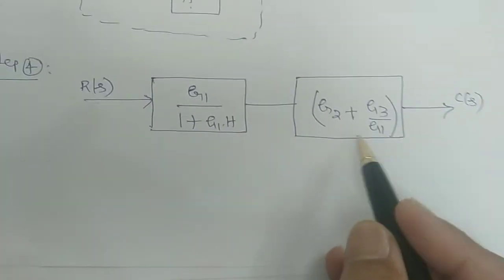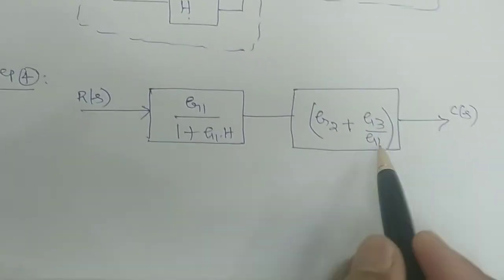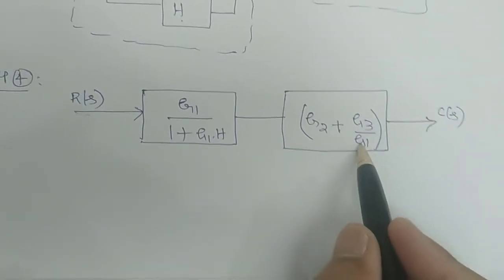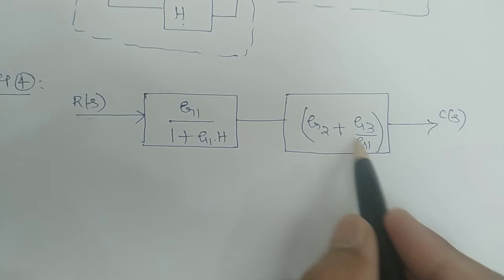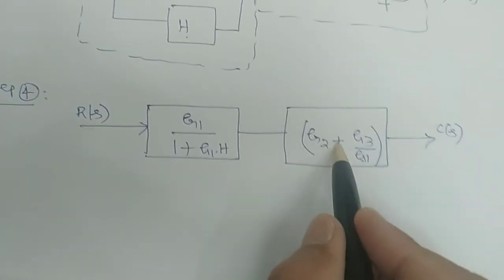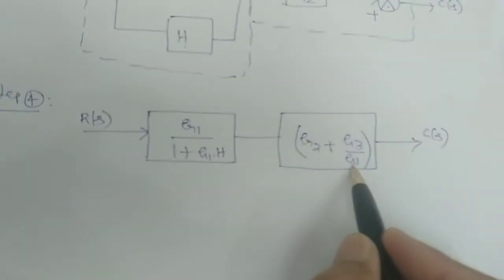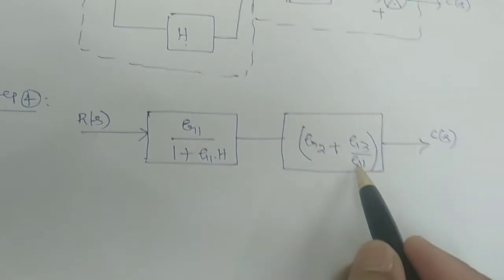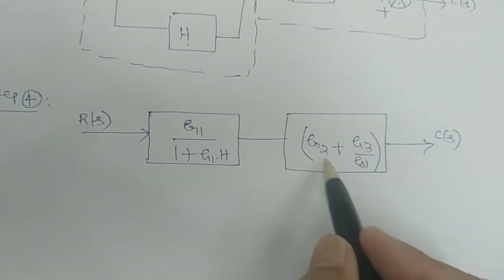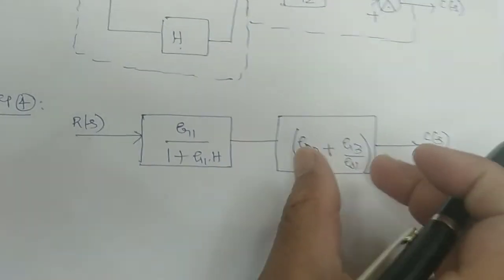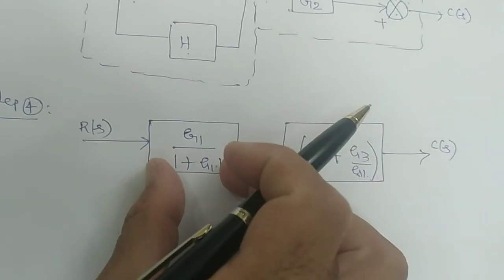Now you can further simplify. So here you can simplify this G1 G2. If you take the LCM, G1 G2 plus G3 by G1, and this total multiplied by this one. Is it not?